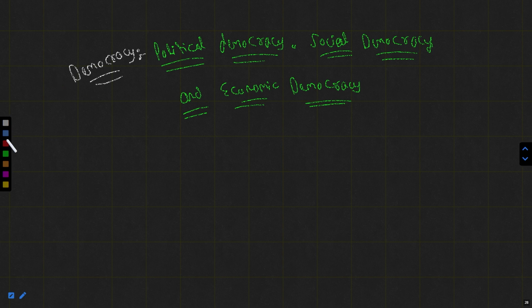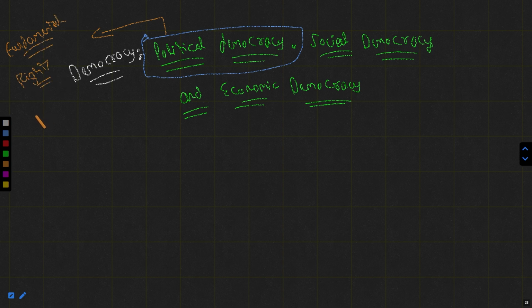And we know that political democracy is basically secured and restored by the fundamental rights.